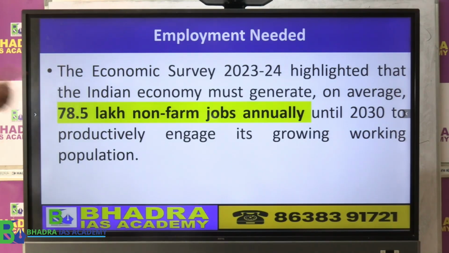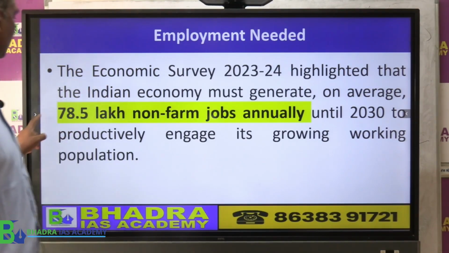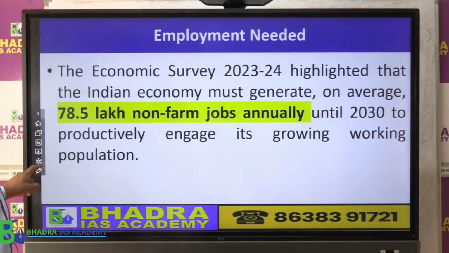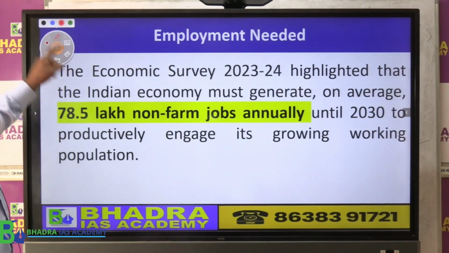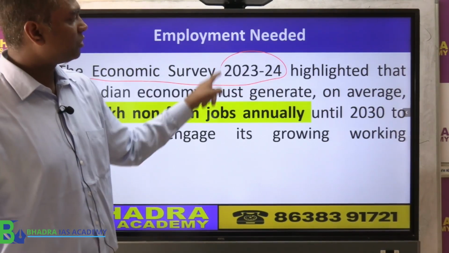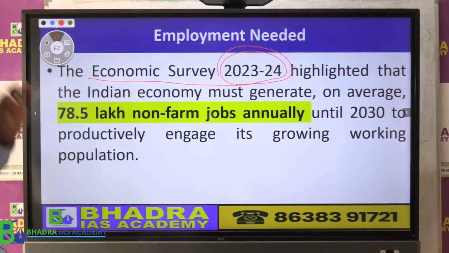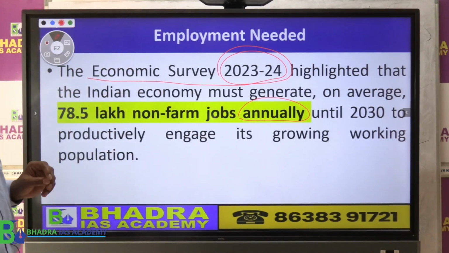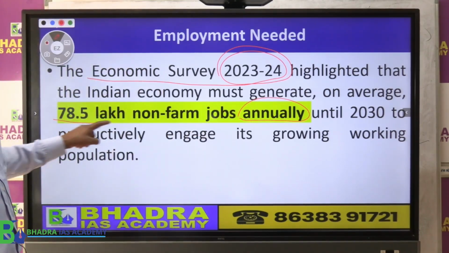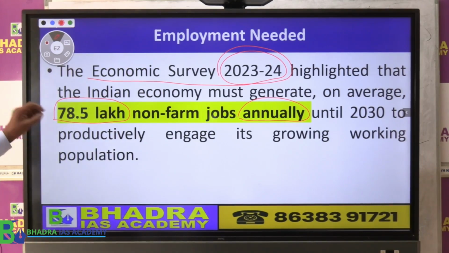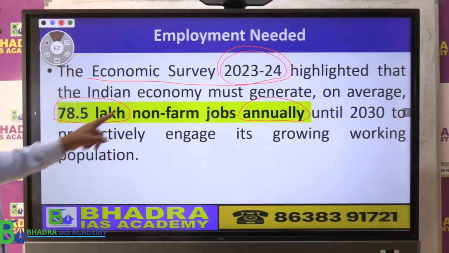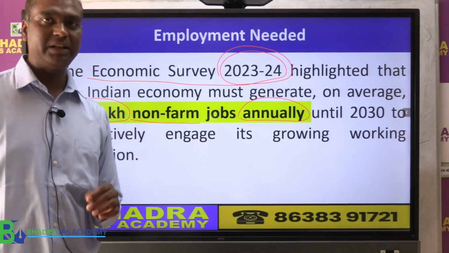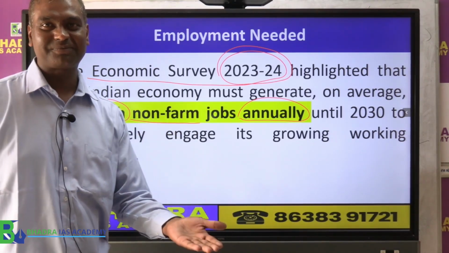The previous economic survey, that is the last year one, 2023-24, what did they say in it? That on an average every year annually in India we have to create 78 lakh jobs which are non-farm, that means other than agriculture.